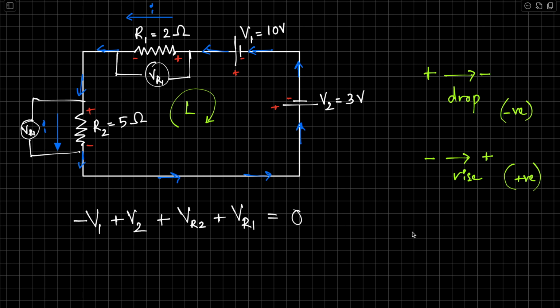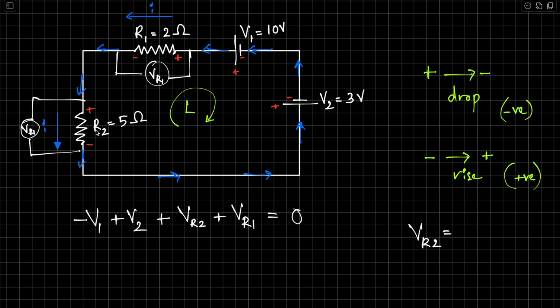Now what is VR2? Voltage across R2, according to Ohm's law, is the current flowing through resistor R2 times the resistance, that is I times R2. I'm going to replace VR2 with IR2: minus V1 plus V2 plus IR2.